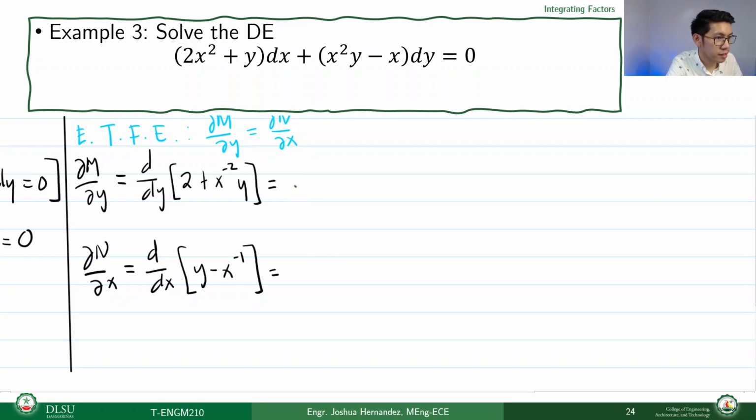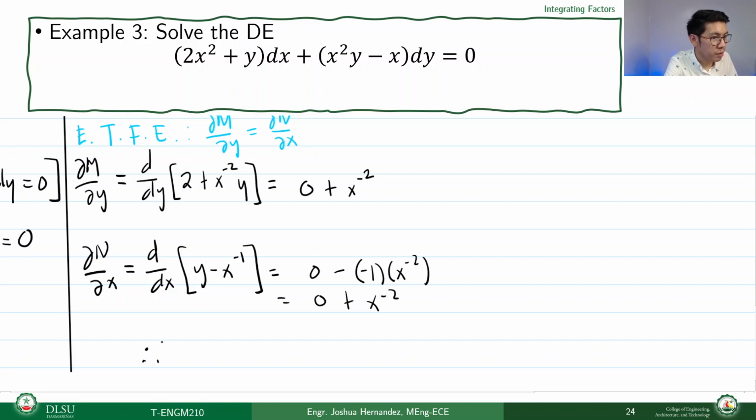So, solving this will give us 0 plus x raised to negative 2. And then this will be 0 minus negative 1 x raised to negative 2, right? Or, of course, 0 plus x raised to negative 2.